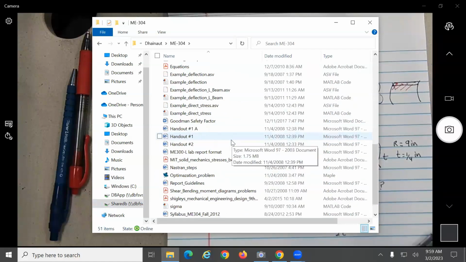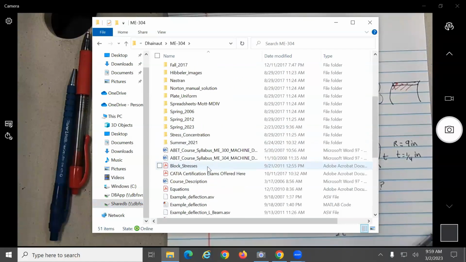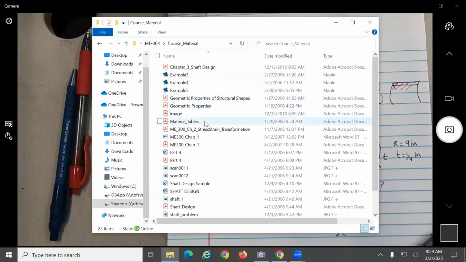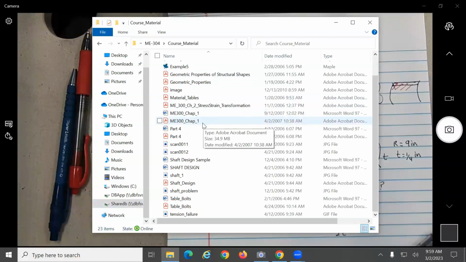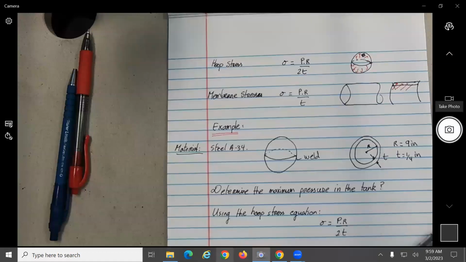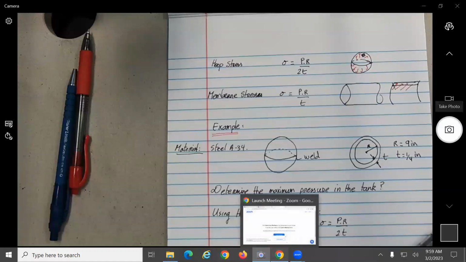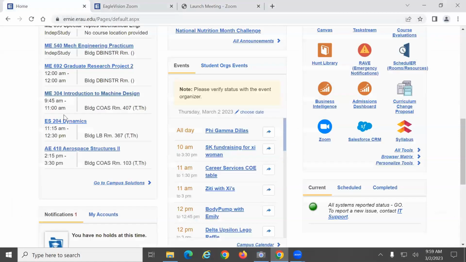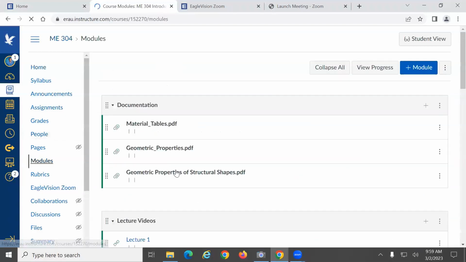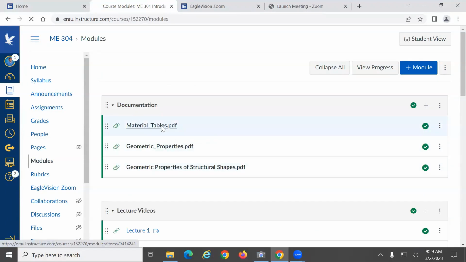Let's see, are they here? Maybe in the course material. Oh, okay. No, you give me a good idea. You show me that they are basically on the canvas. So let's do that. Instead of looking all over the places in my notes. So they were probably on the modules, I'm guessing. Yeah, first materials table, the first one.